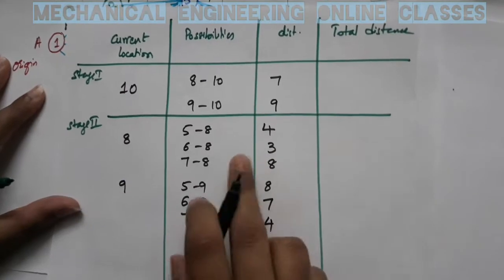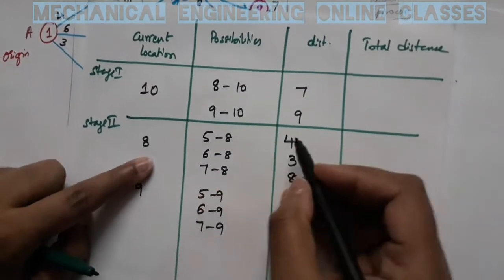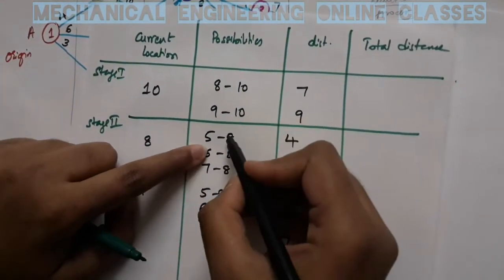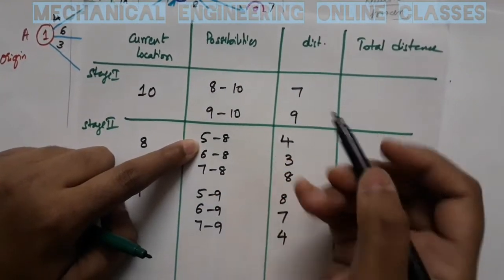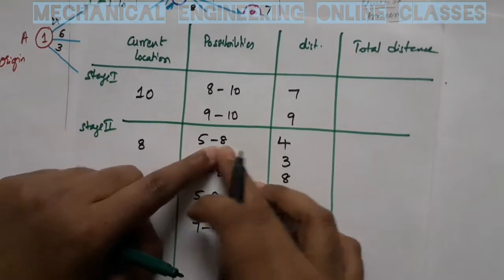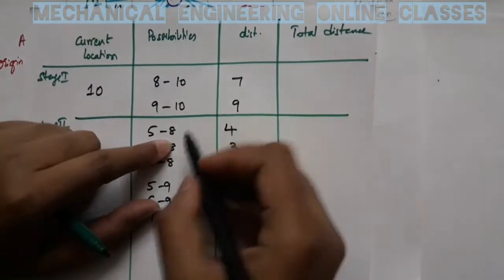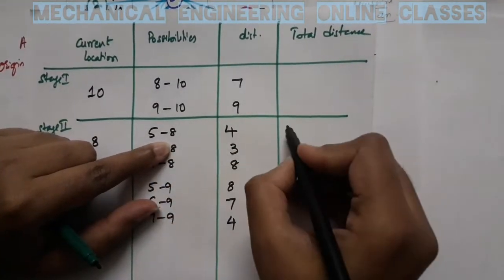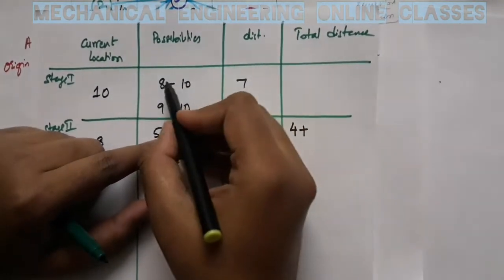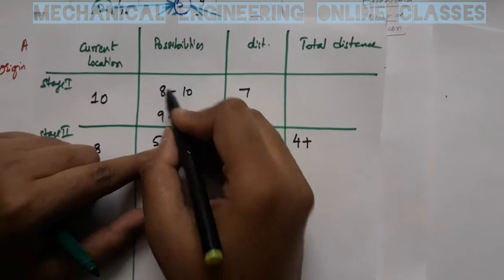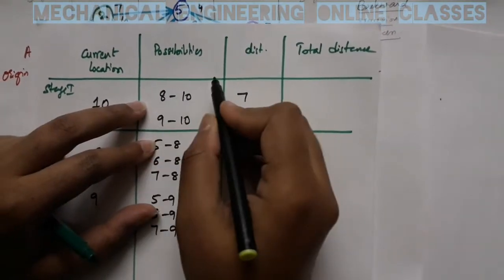If I am at 8 via 5, then this distance is anyway added. So 4 plus, from 8, the only thing that I can do is go to 10. There is no 8 to 11 or anything else.